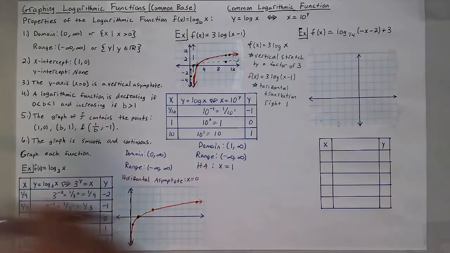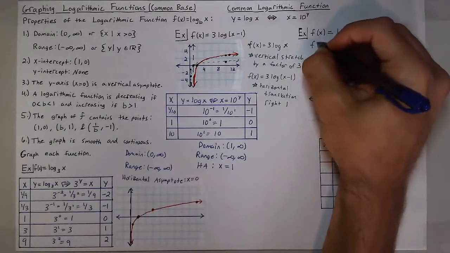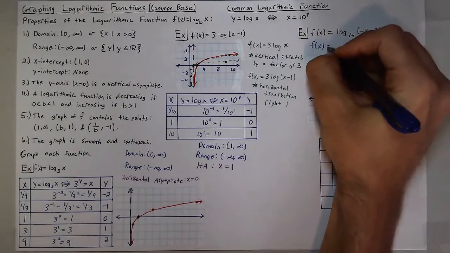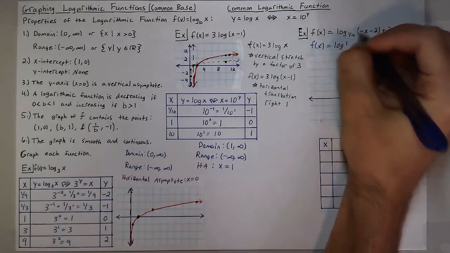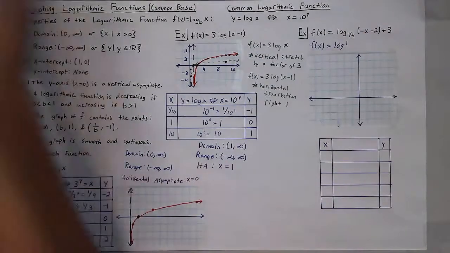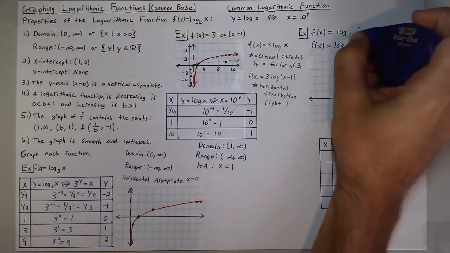Now for this last example, I have f of x is equal to log base 1/4 of negative x minus 2, plus 3.